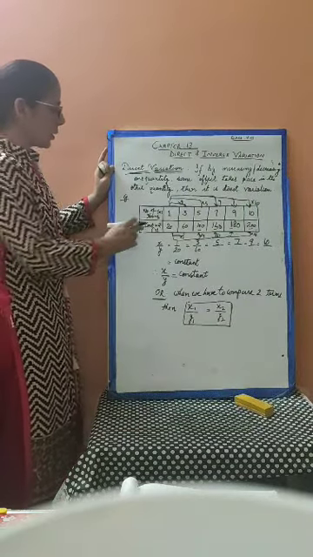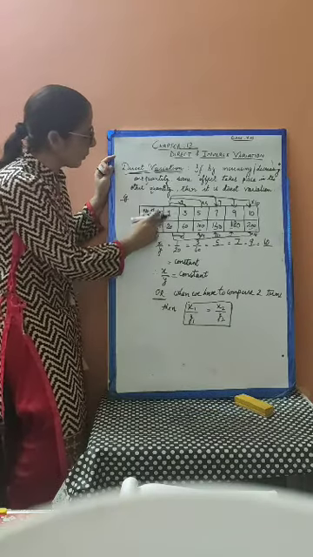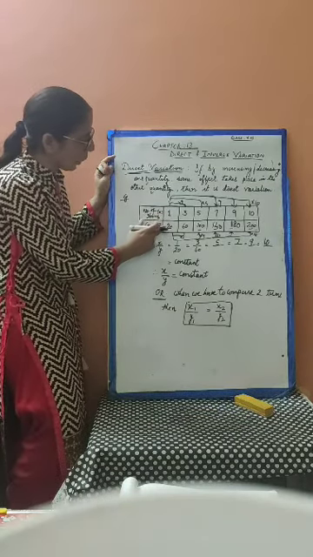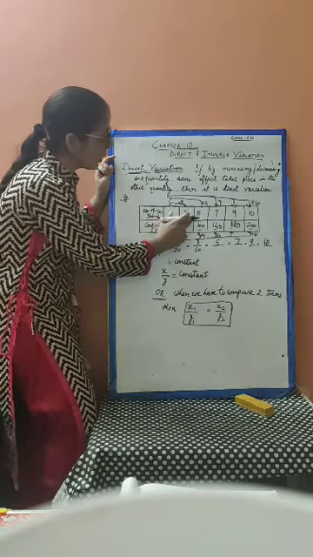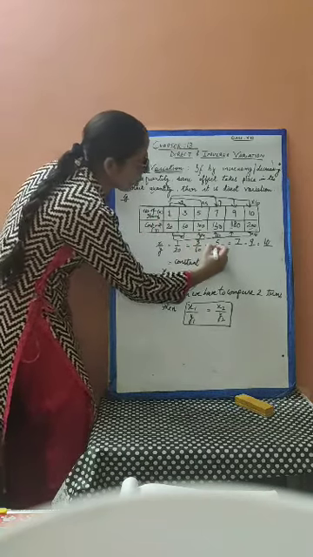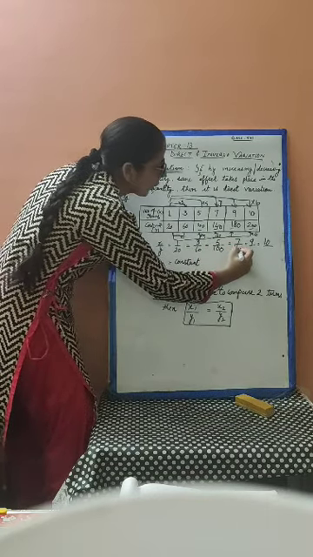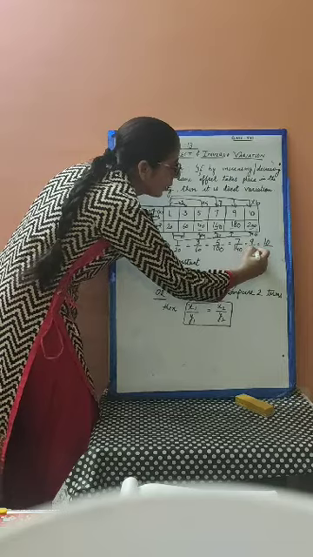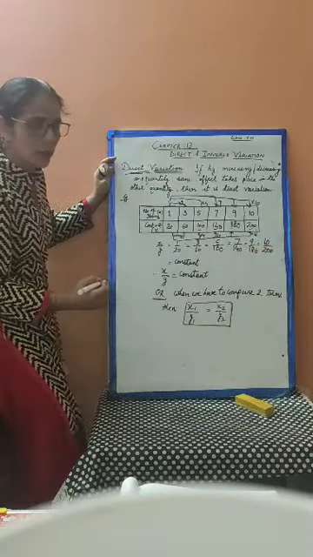See here, what happens to the ratio of x and y? In the first case it is 1 upon 20. The second one, 3 upon 60. In this case it is 5 upon 100, 7 upon 140, 9 upon 180 and 10 upon 200. Just try to make it simplest.